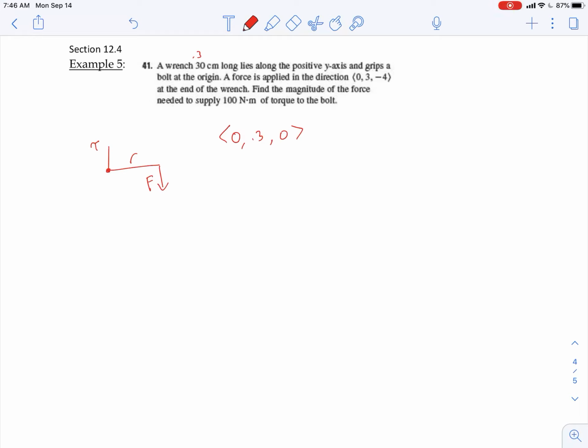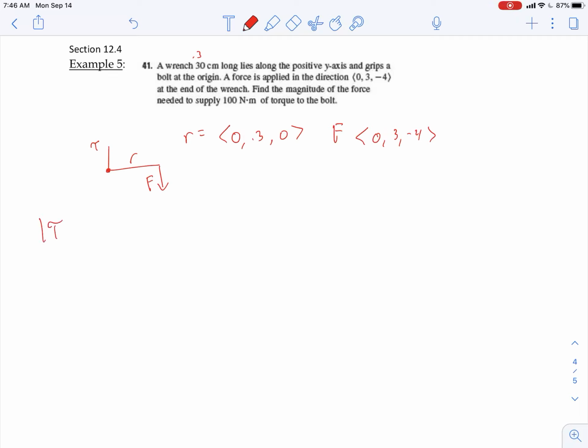Now what we need is our force vector, and it says a force is applied in the direction, so we have our force vector, all right? So force is going to be 0, 3, negative 4. And we're given the magnitude of tau. All right, we have 100 newton-meters, but what we want to do is find the magnitude of the force.